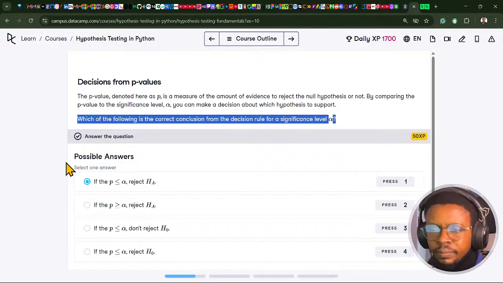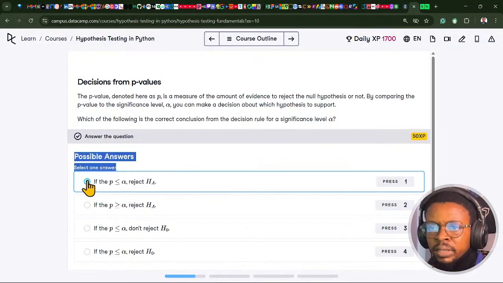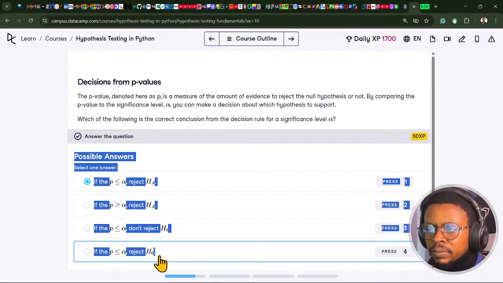So if the p-value is less than or greater than, you reject.